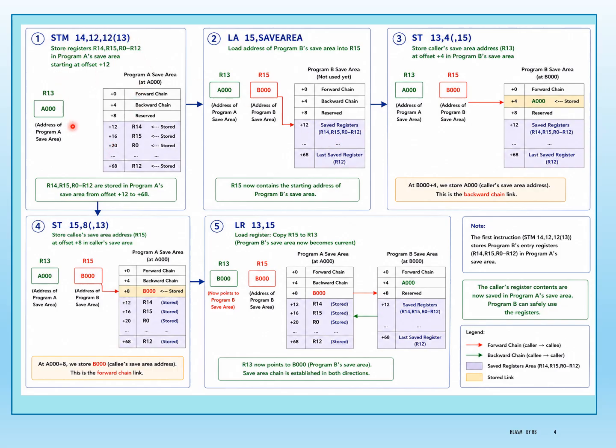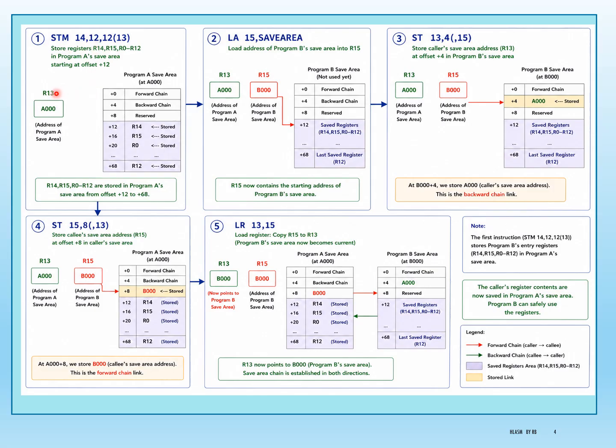Program A has a save area which we defined, and as you can see it is 72 bytes. What we are doing with this command STM, let's go word by word. STM is store multiple. That means you are storing the values from multiple registers, from 14 to 12.